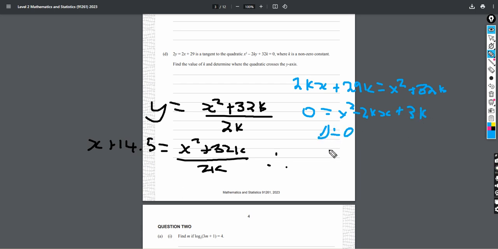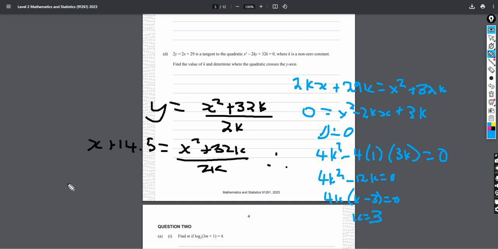Okay, so discriminant equals 0, therefore 4k squared minus 4 times 1 times 3k is equal to 0. Ah, right, this is looking a lot more promising. 4k squared minus 12k equals 0. 4k, k minus 3 equals 0. K is equal to 3.